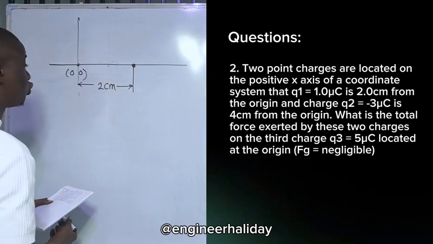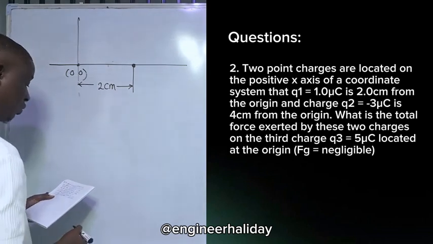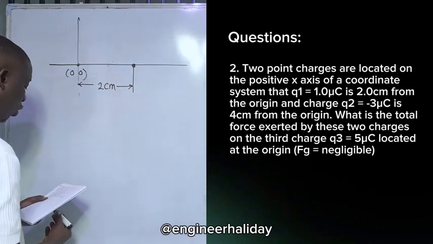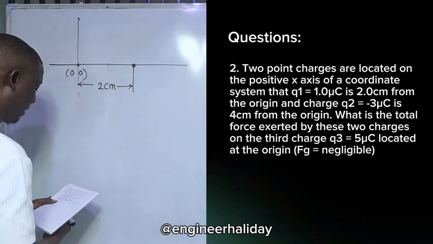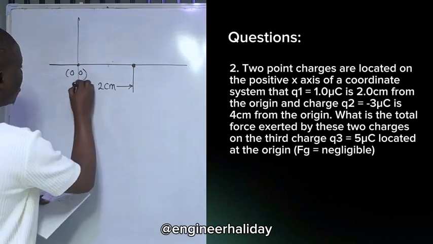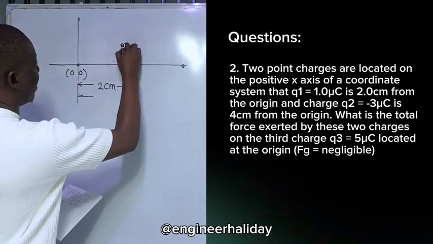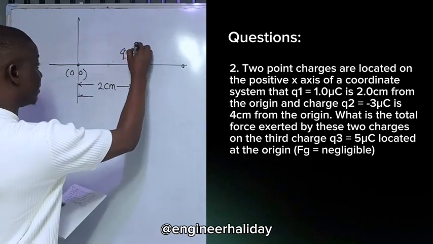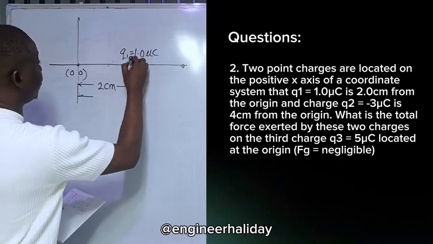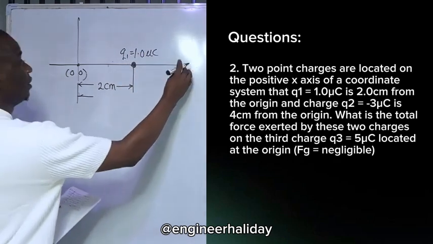And charge Q2 is equal to minus 3 microcoulombs, 4 centimeters from the origin. That is this Q1, which is 1.0 microcoulomb, as the question says.